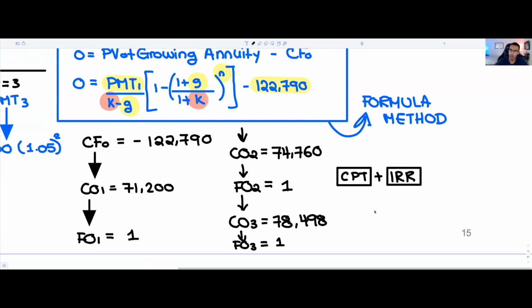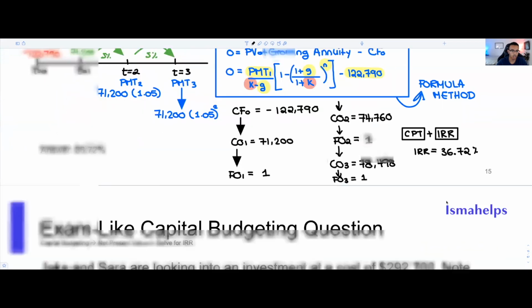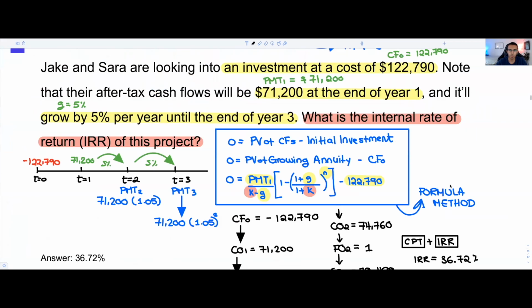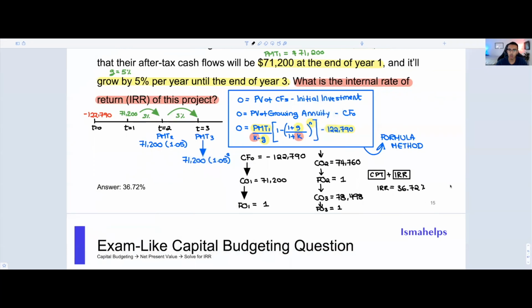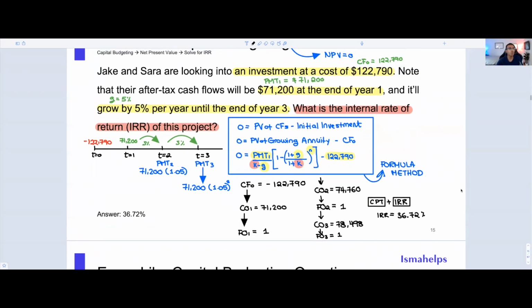Alrighty, so compute IRR, and you would get that your IRR is equal to 36.72%. That's, of course, if I'm rounding it up, which is a little bit. Now, do we have the correct answer? Of course we do. So this is how you would go about solving one that has a small nuance.